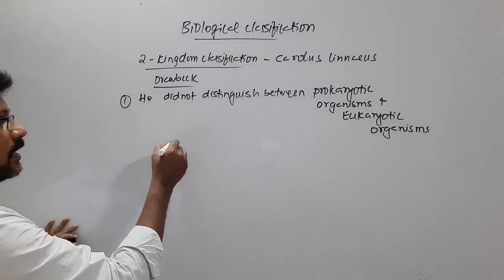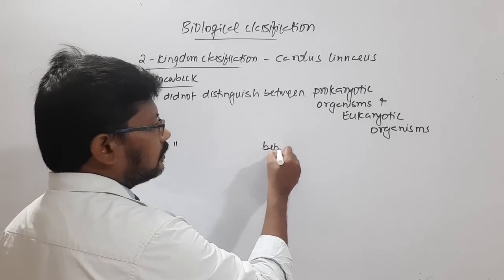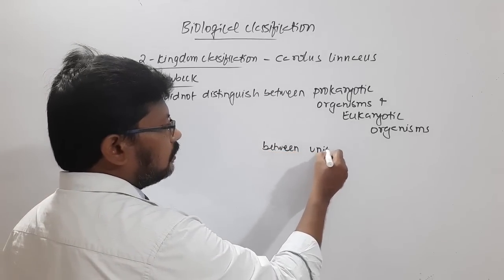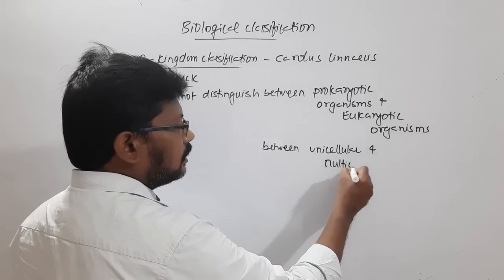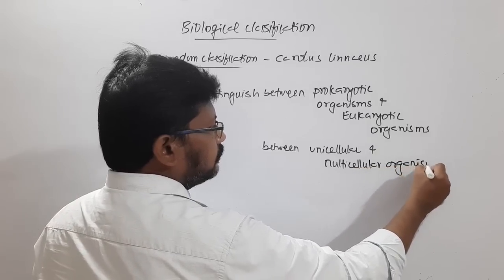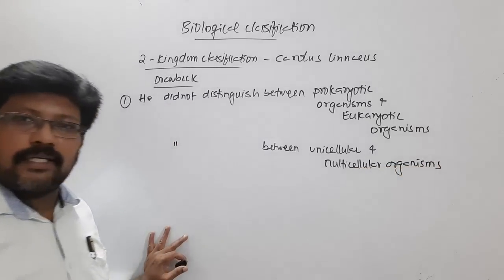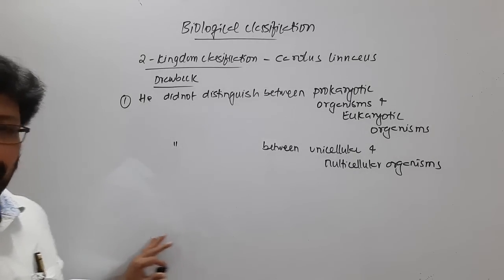Another drawback is that he also did not distinguish between unicellular and multicellular organisms. He did not make any differentiation.